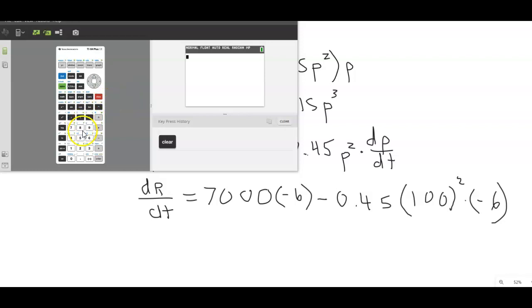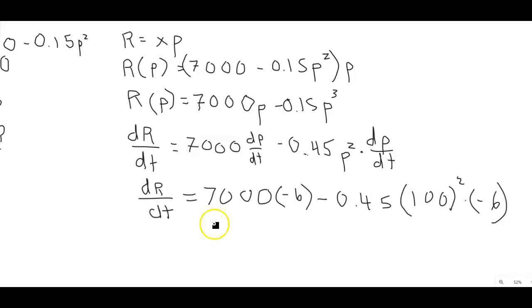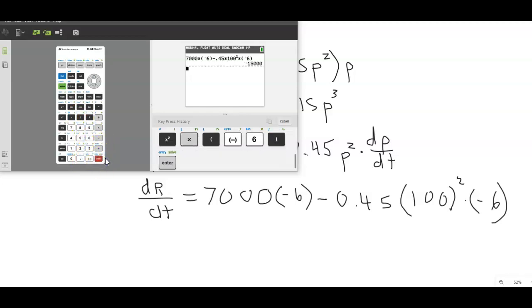So now let's just put this in our calculator. That's just going to be 7,000 times negative 6, minus 0.45 times 100 squared times negative 6. Let me double check on that one. Yep, 0.45. And that will give us negative 15,000.